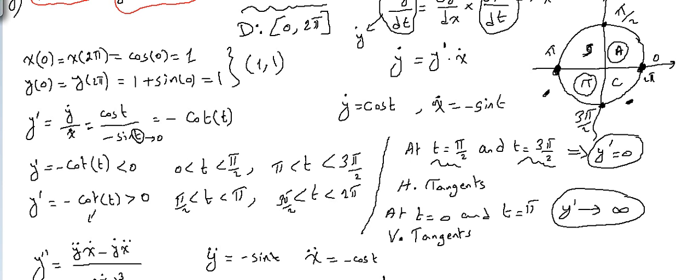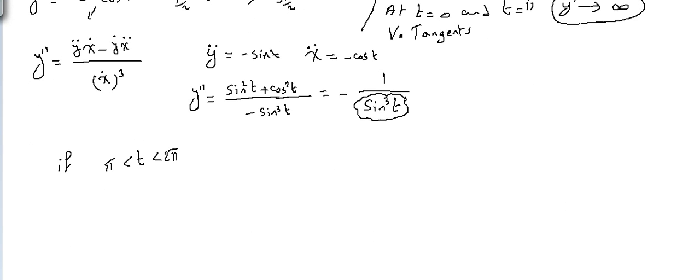So from 0 to pi, the sine is positive, and from pi to 2 pi the sine is negative. So when the sine is negative, minus 1 over sine cubed t will be positive. This means y double prime is positive in this case. If t is between 0 and pi, the sine is positive, so minus 1 over sine cubed t, which is the second derivative, will be a negative value.